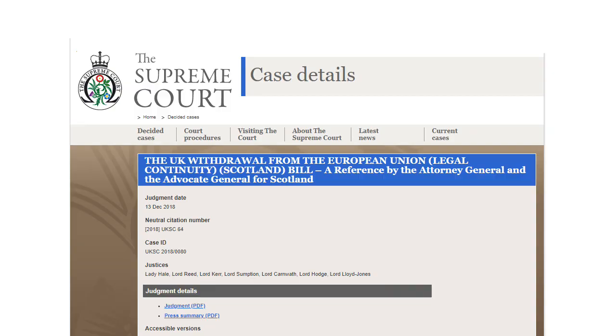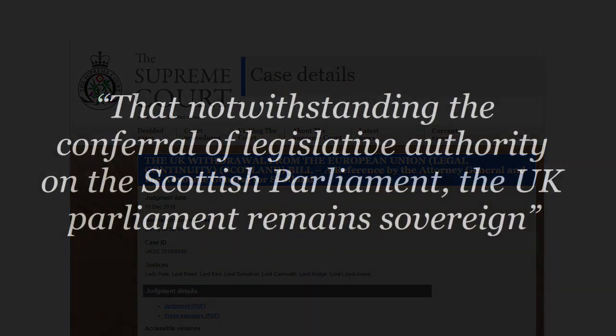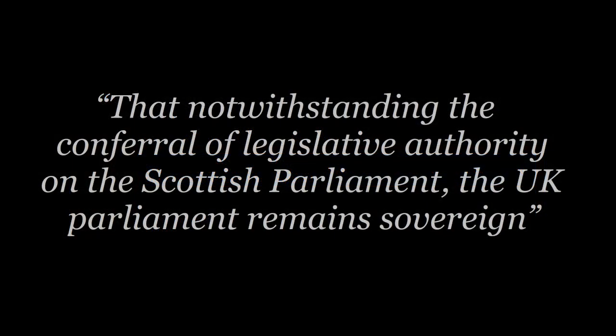In one such judgment, in the UK withdrawal from the European Union Legal Continuity Scotland Bill, it refers to Section 28 of the Scotland Act and states that notwithstanding the conferral of legislative authority on the Scottish Parliament, the UK Parliament remains sovereign.